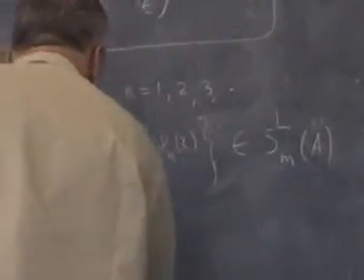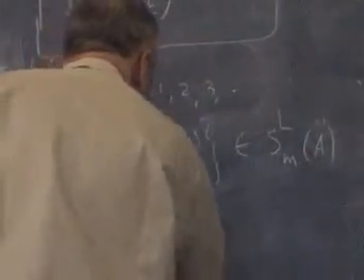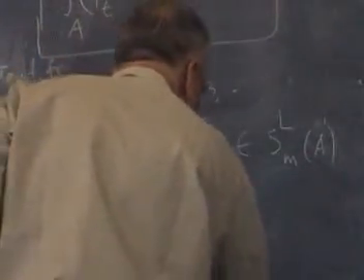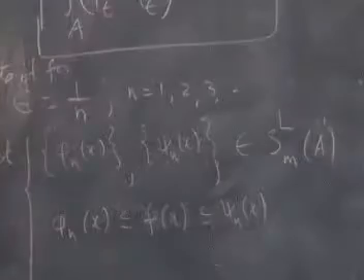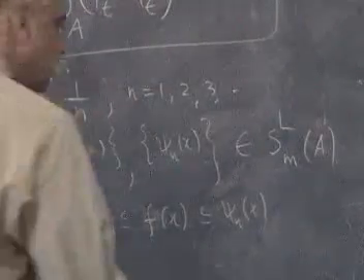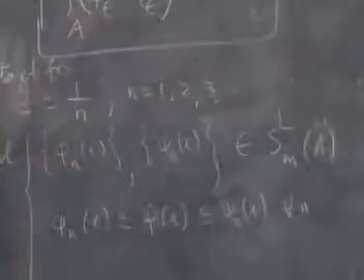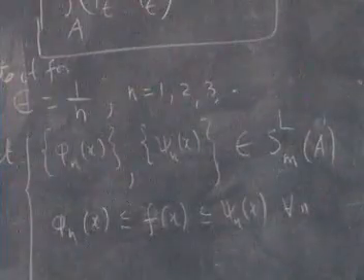Phi n x less than or equal to f x less than or equal to psi n x for all n, because that's how it has been constructed.